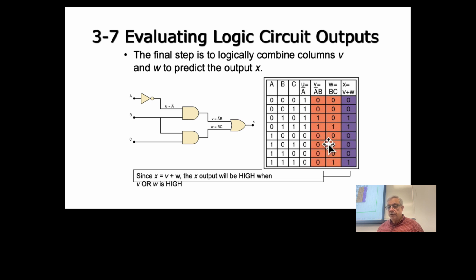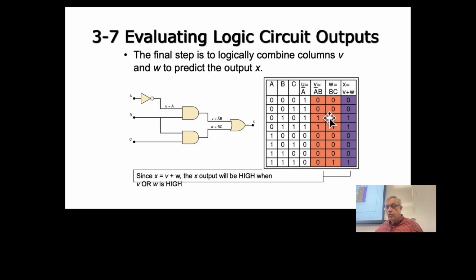Following it down further, because we're dealing with ORs, 0 or 0 is a 0, 0 or 0 is a 0, 0 or 1 is a 1. And we've got to remember we're dealing with an OR gate here.